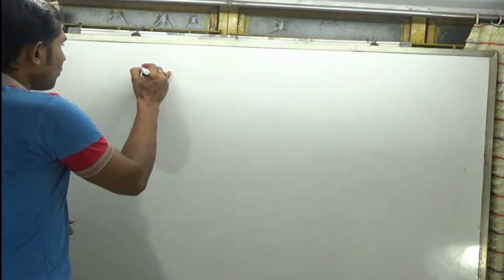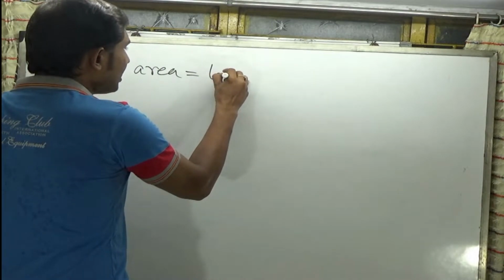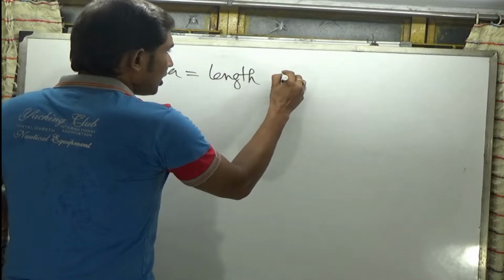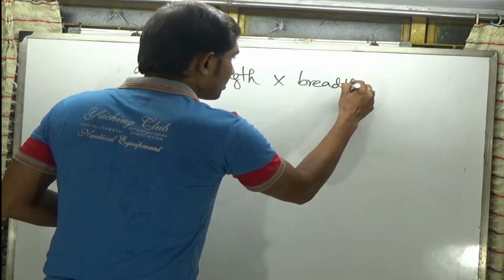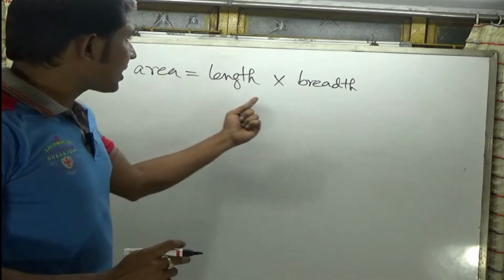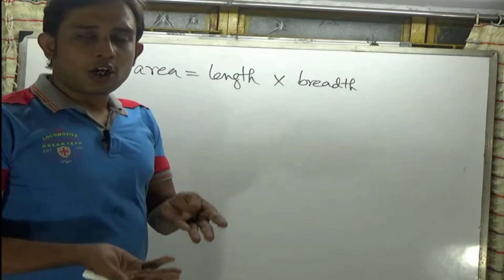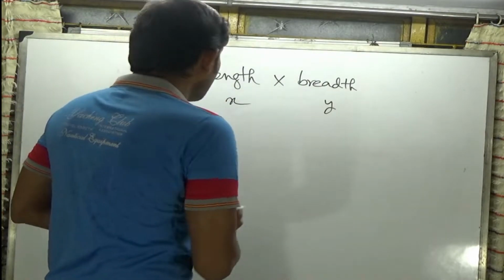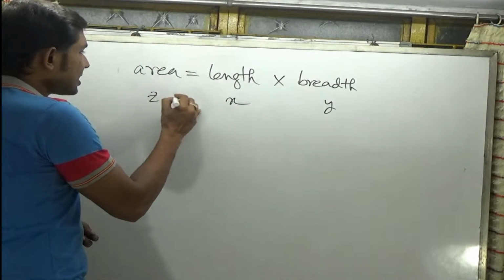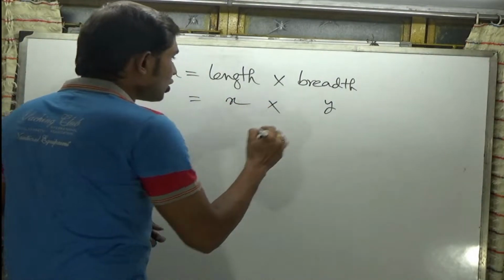The formula of the area of a rectangle is length into breadth. In this case, if I take the length as x, y as breadth, and z as area, then z equals x into y.